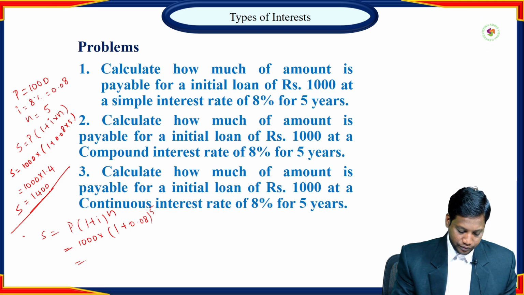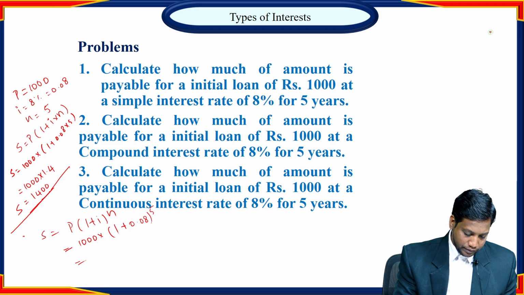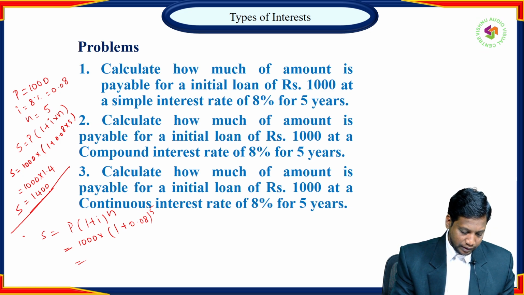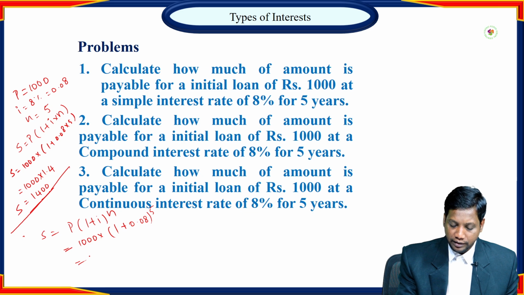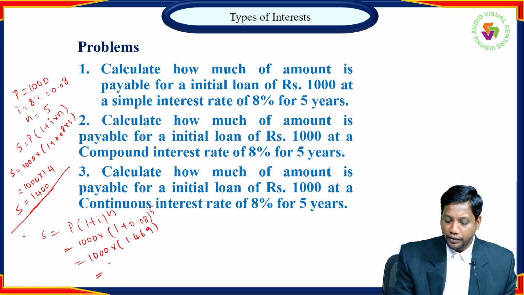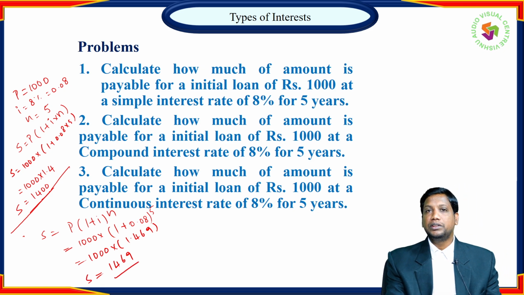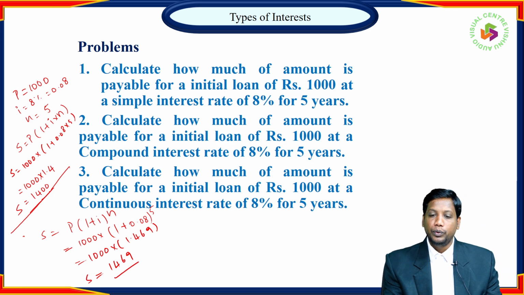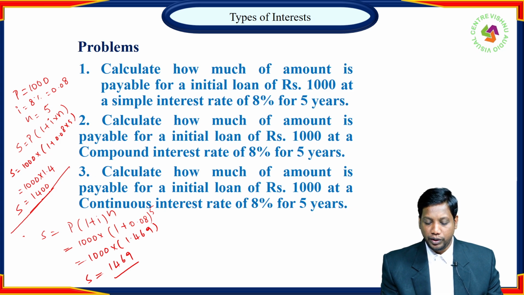That gives us 1.469, and 1000 multiplied by 1.469 gives approximately 1469 rupees total sum. So 69 rupees additionally has contributed because of compound interest.